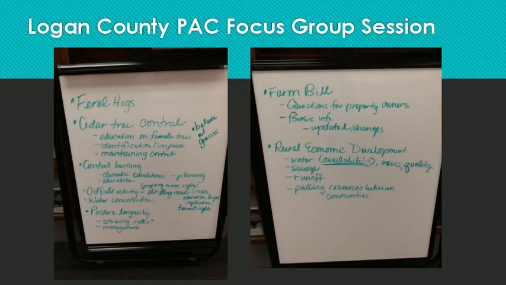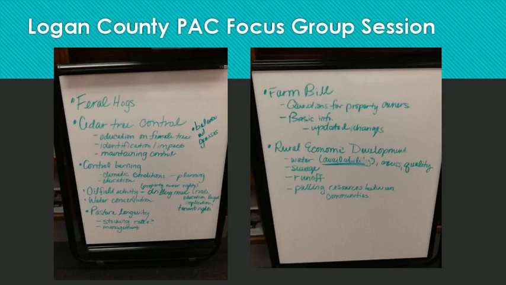And so these are a few examples from the in-person meeting of some of the priority areas or issues that folks in the county saw as priorities for programming. You can see feral hogs. Cedar tree control was always a big one, so having education on that, looking at identification of trees and the impact that those have on the terrain.